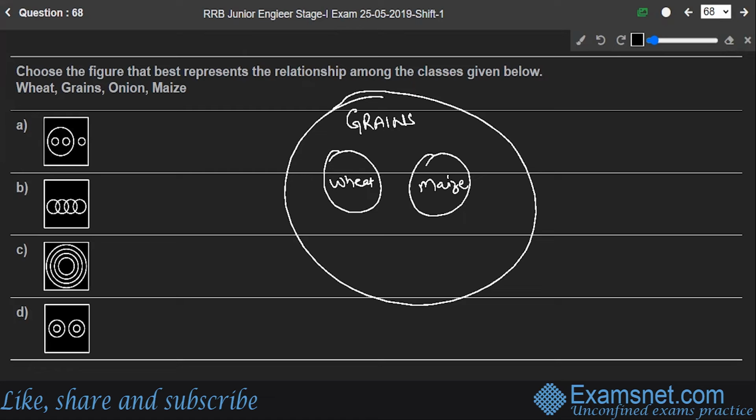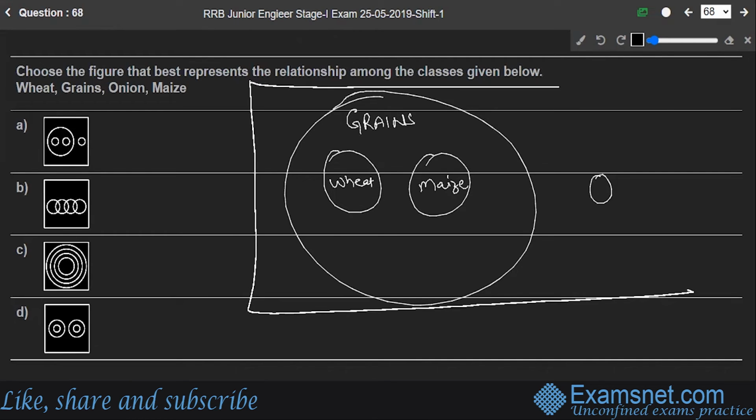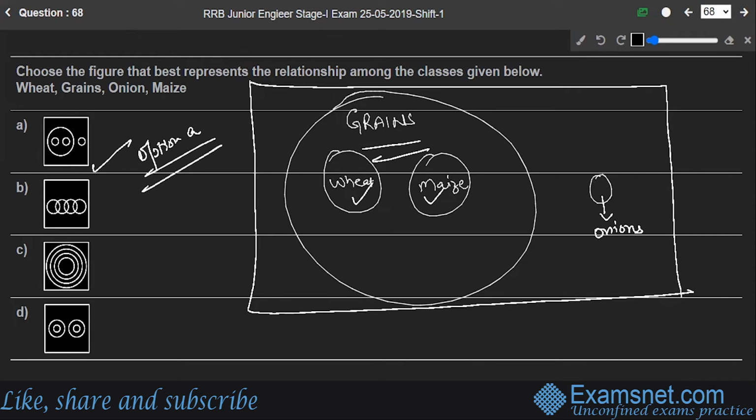And then you have the onions. They are a separate one. They don't have anything to do with it. So here are your onions. Wheat and maize both are grains, and this is onions. You have the first option as the right answer.